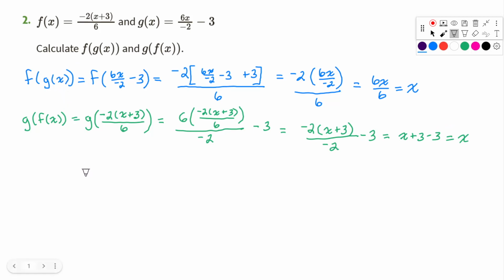Because both of these functions ended up equaling x when we did the composite functions, or the composition of functions, I can say that f of x and g of x are inverses of each other.